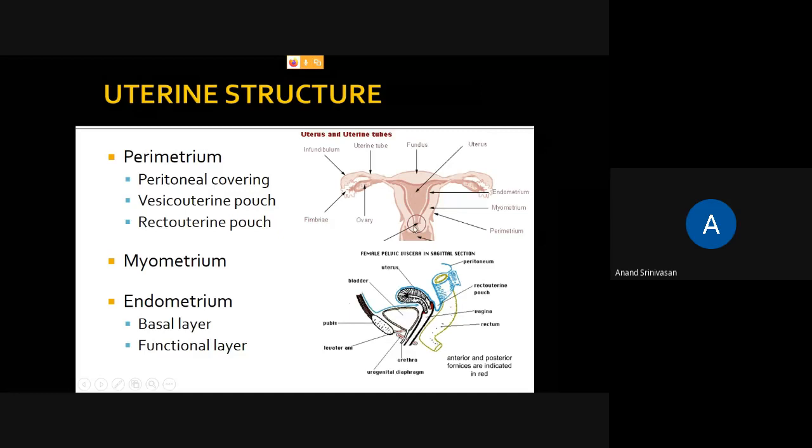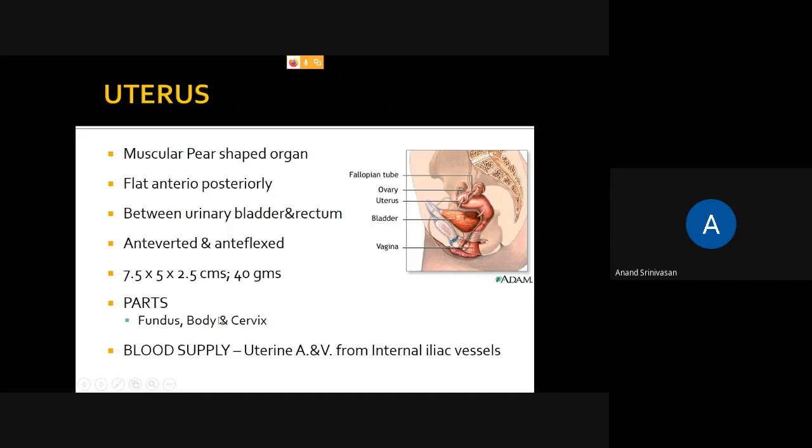So there are three parts of the uterus. All right. So the uterus is a pear-shaped structure located between the urinary bladder and the rectum. It is anteverted and anteflexed, and it has fundus, body, and cervix.